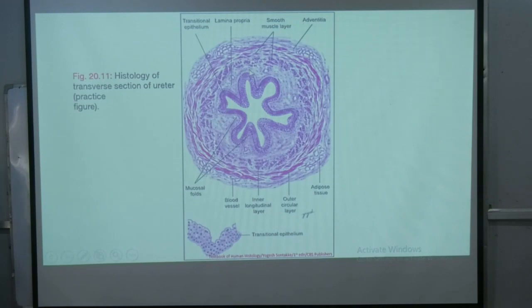It lies in folds because it is in a relaxed or collapsed stage. When it becomes stretched, it is distended and dilated. You can see this much breadth of cells. If you count from the bottom one, then the next, then the next, it may look like 4 or 5 layers. But when stretched, it becomes very thin, 1 or 2 layers.